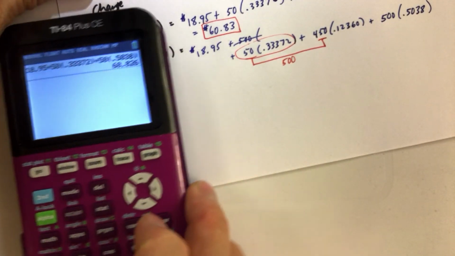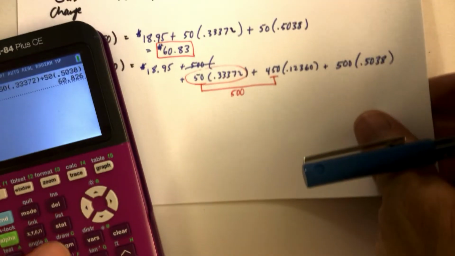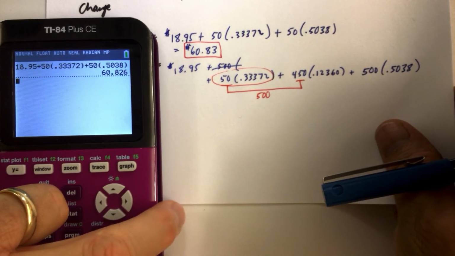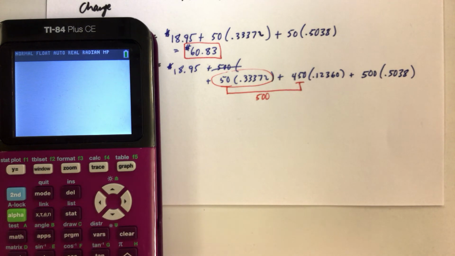So let me see if I can squeeze this. It's easier to leave it over there. All right, so we have our 18.95 plus our 50 therms at the 33-cent rate, 0.33372, plus the 450 other therms in that 500 multiplied by that little over 12 cents per therm.